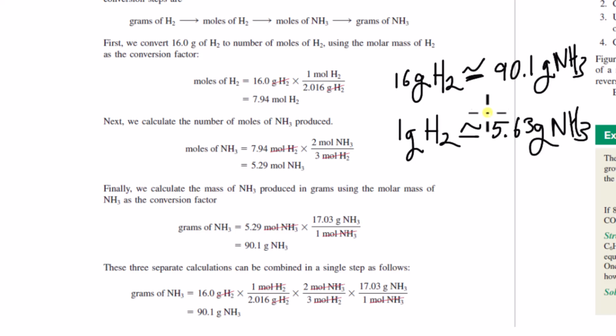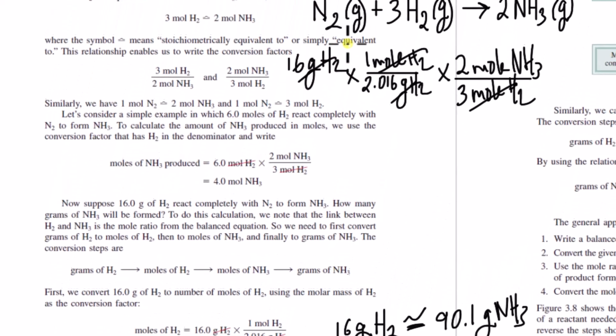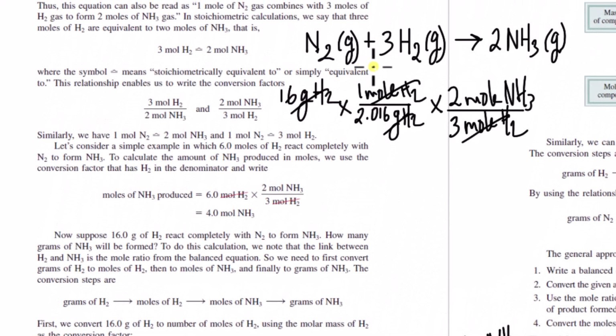So this technically is true, because for this particular chemical reaction, for every 1 gram of hydrogen gas consumed, 5.63 grams of ammonia gas are produced. However, we don't look at stoichiometric equivalencies this way in terms of grams, because it's not in parallel with the way chemical equations are written and interpreted.